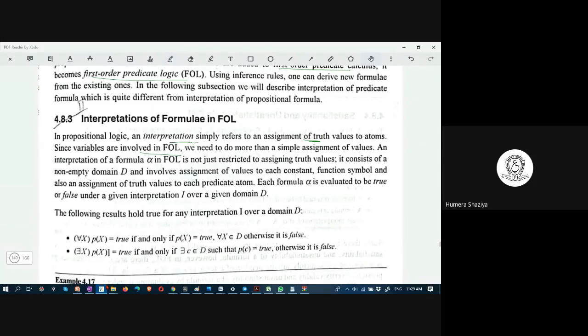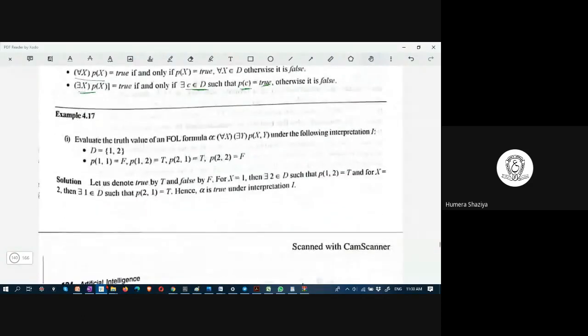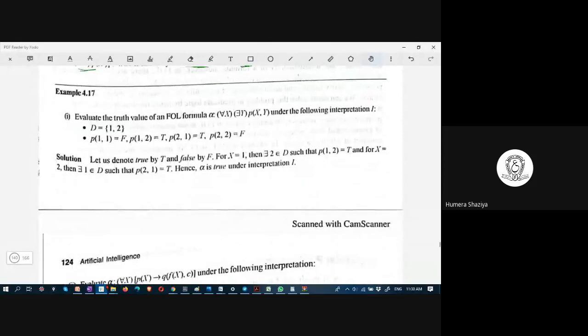So here we can see for all x, P of x is true if and only if P of x is true for all x belonging to D, otherwise it is false, for a domain D. Here also, there exists x if there exists x belonging to D such that P is true, otherwise it is false. It depends on the domain. If for a particular domain all elements belong to it, then it is for all. This is how we evaluate the truth value of FOL.